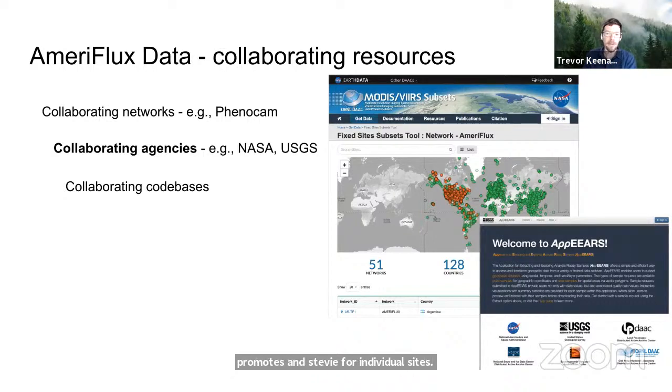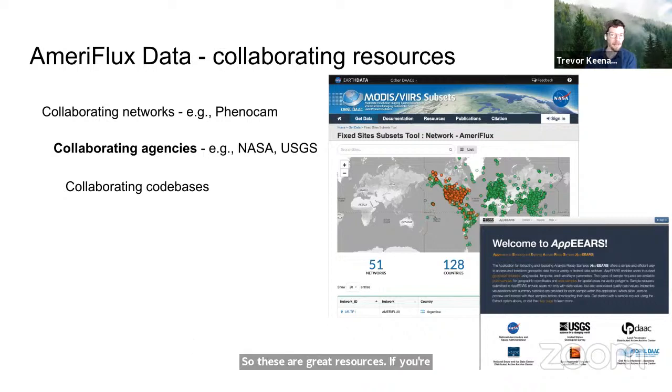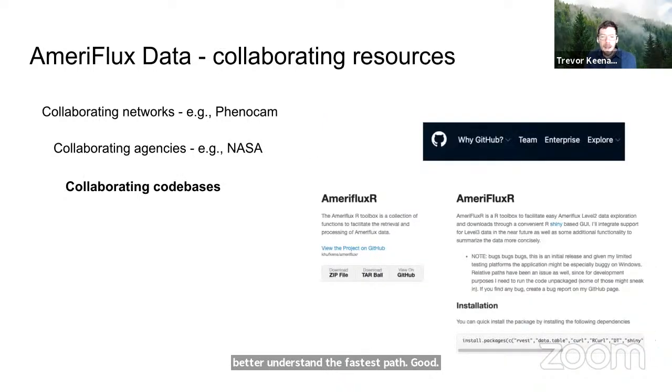Very straightforward process to get that information. And also APPEARS, which is extending that kind of approach to a much broader suite of remote sensing observations. So these are great resources if you're looking to better understand the fluxes that are being observed at these flux sites. And also collaborating code bases.